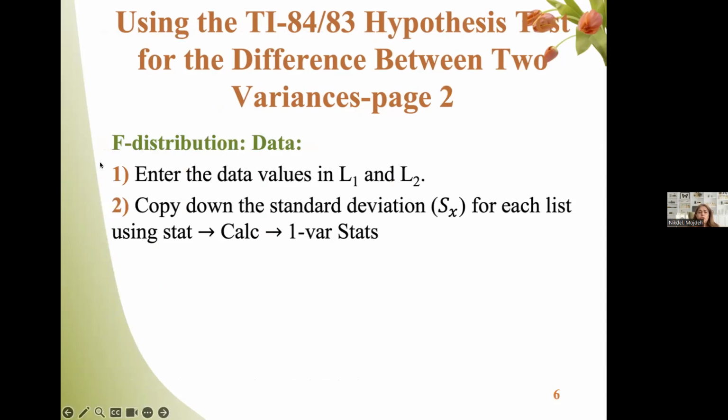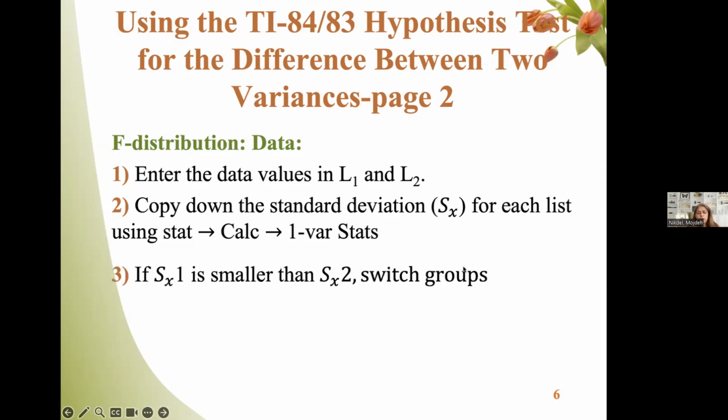To do that, you go to stat, go to calc, pick 1-Var Stats. They ask you what is your list, put list 1, press enter. When a new window comes, copy Sx for standard deviation. Do the same thing for list 2.